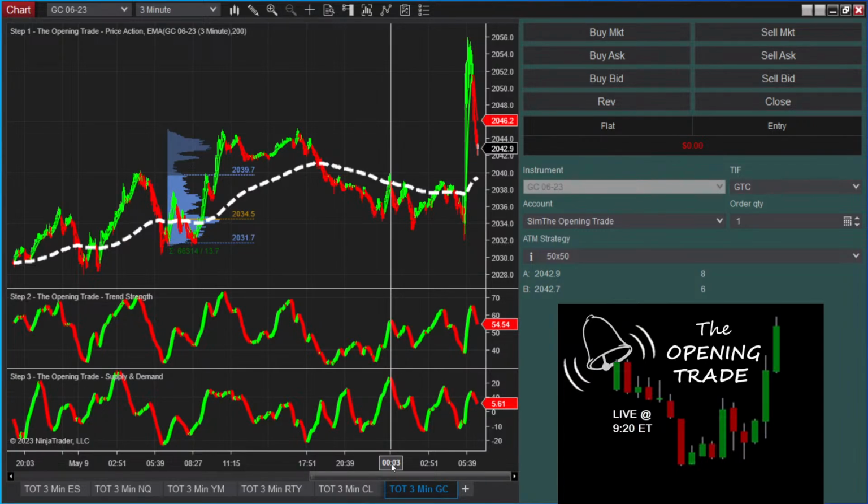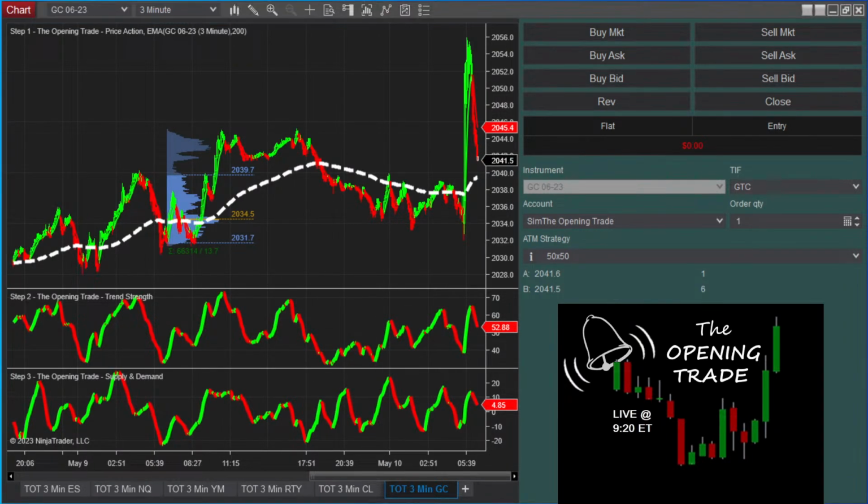The CPI year over year came out less than forecasted by 0.1%, and the core CPI month over month came out higher than forecasted by 0.1%. The next thing we're waiting on is the crude oil inventories, and that will be at 10:30 Eastern Standard Time.